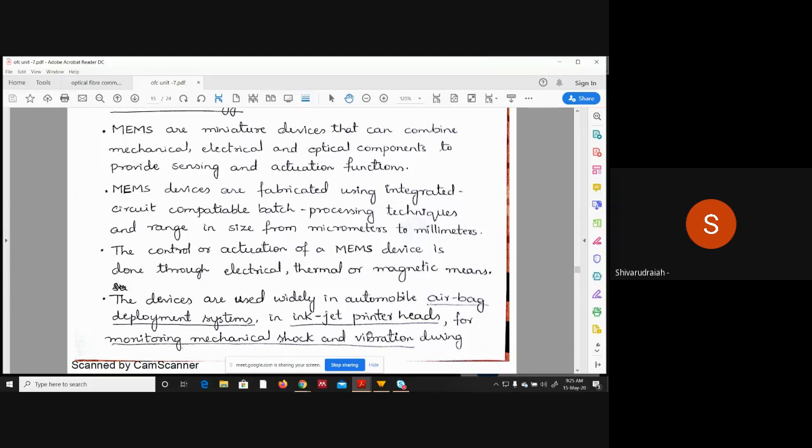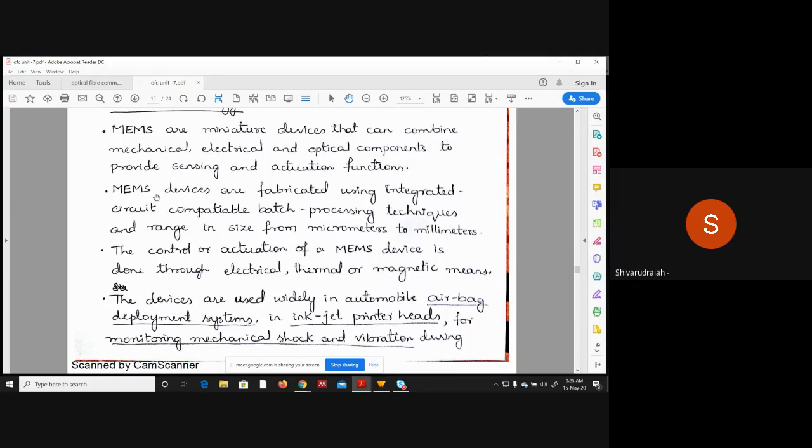And what are the features that MEMS is going to offer? MEMS is going to offer you sensing and actuation functions. Okay, so MEMS devices which are constructed using MEMS technology are going to offer sensing and actuation functions. How that sensing and actuation function is implemented, let me discuss a little while later.